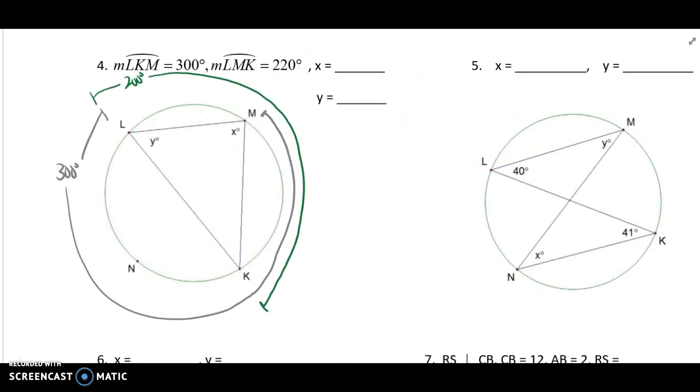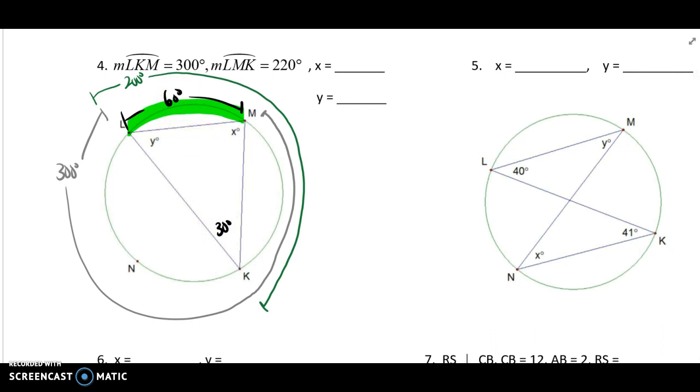Right, in example 4, we're given two major arcs, LKM and LMK. And one of the things that I noticed is that since LKM is 300, it means that this angle, what's left over, has to be 60 degrees. So then since 60 is the arc angle, its inscribed angle over here must be equal to 30 degrees.